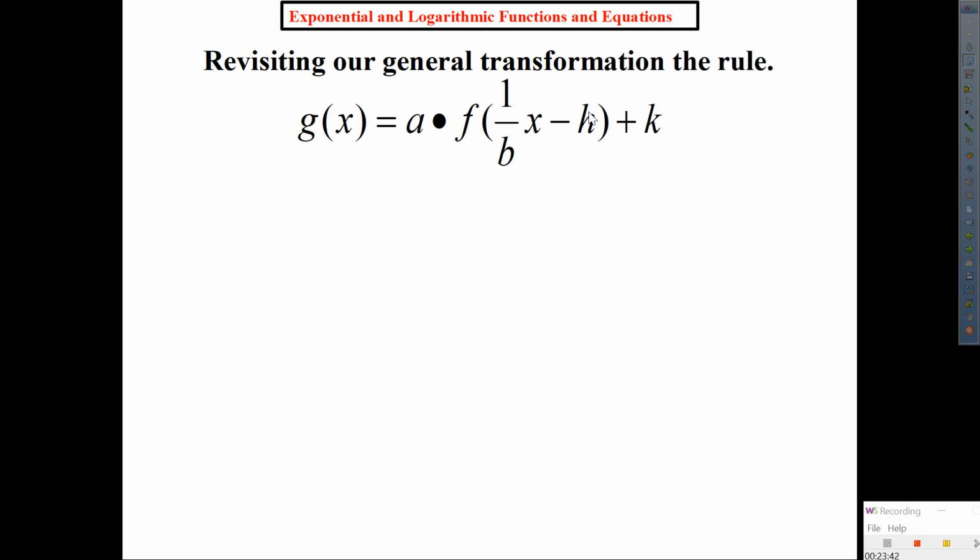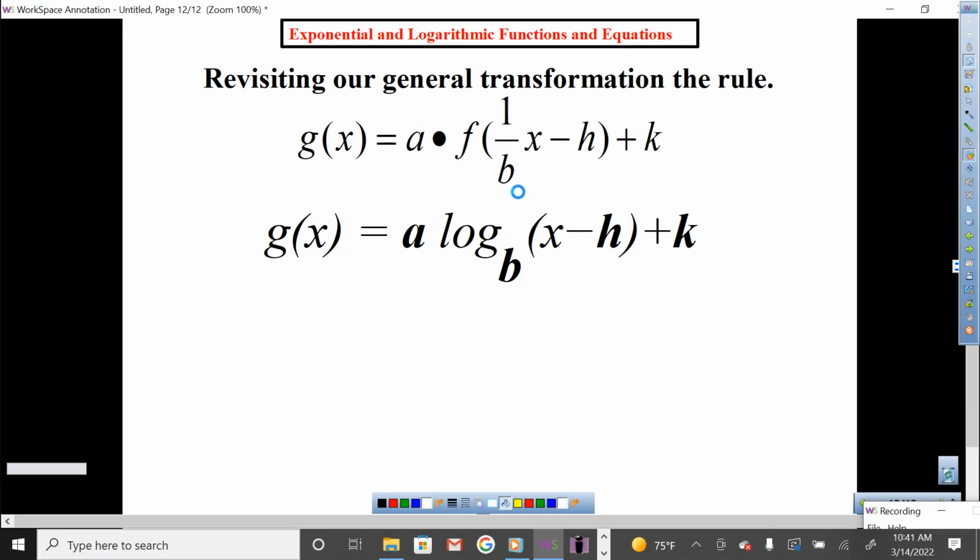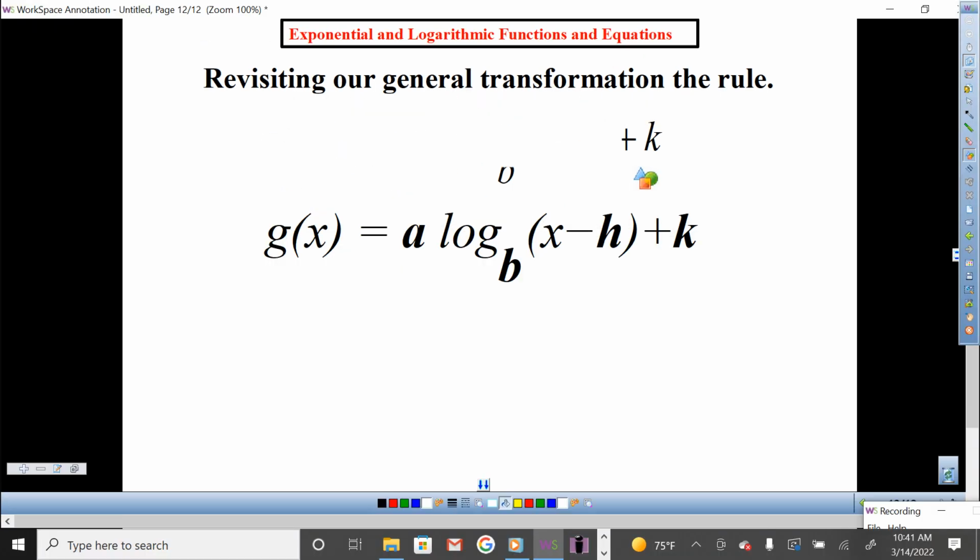So now, how does it look now with logs? Copy this. Now this is our new one. Copy that, please. Not this one, but that one. g of x equals a log b, x minus h, plus k.